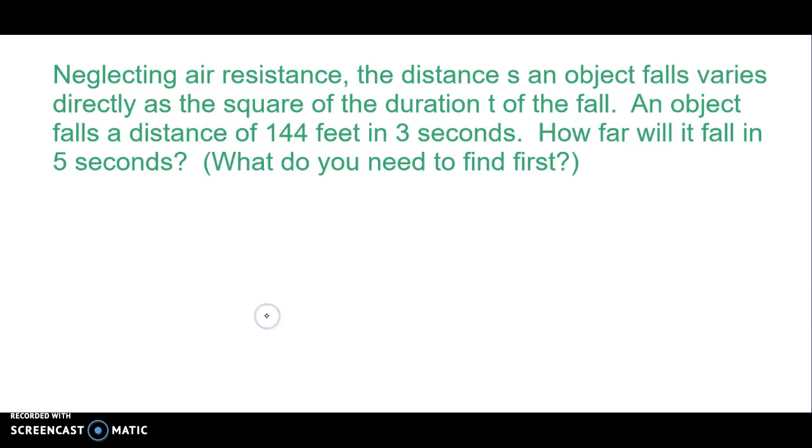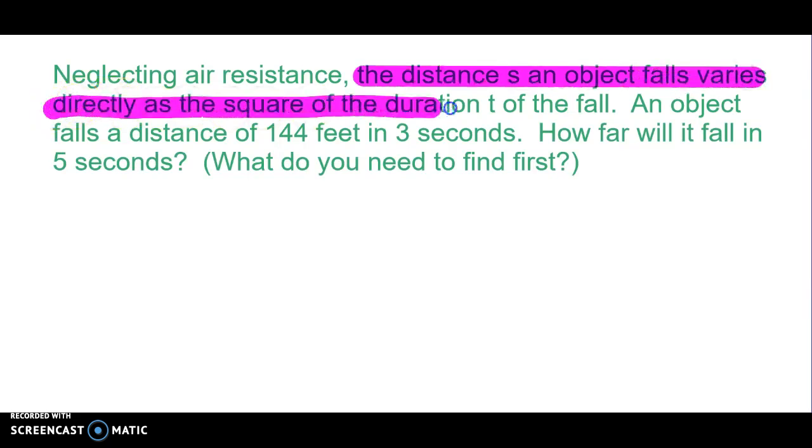I'll actually give you another hint because I'm just that nice. This sentence right here that I'm highlighting is really going to give you the starting point. Okay, so set up an equation, understand how it's varying, and then see if you can answer the question. Really think about it. Not kidding, use your brain.